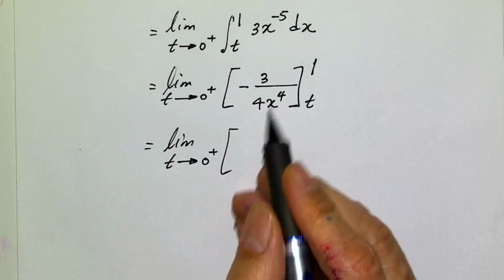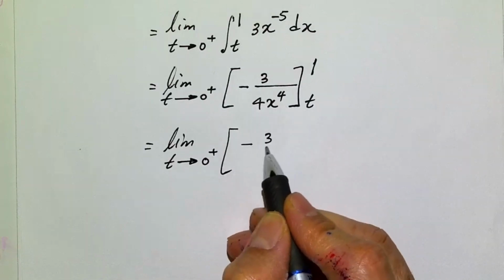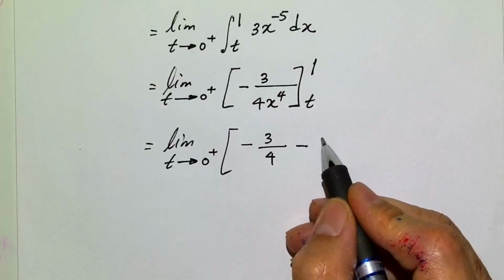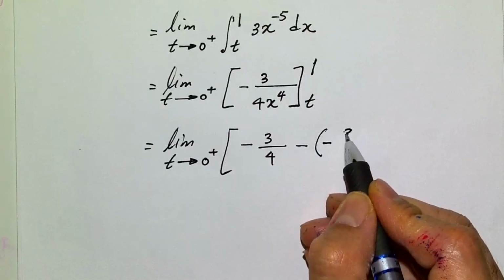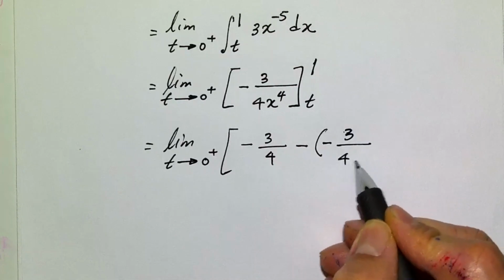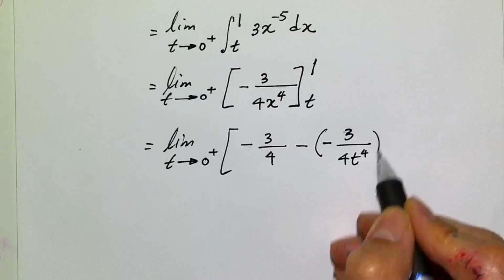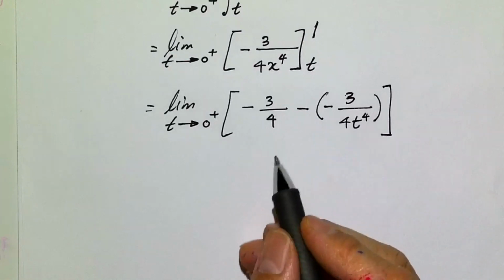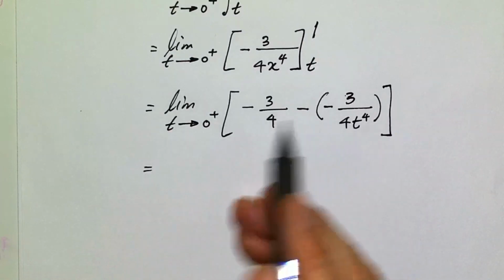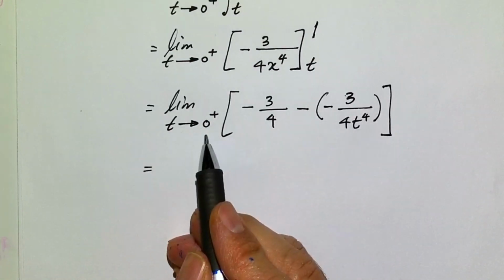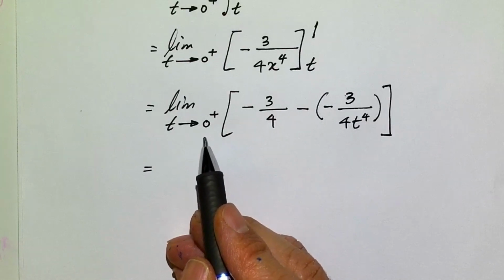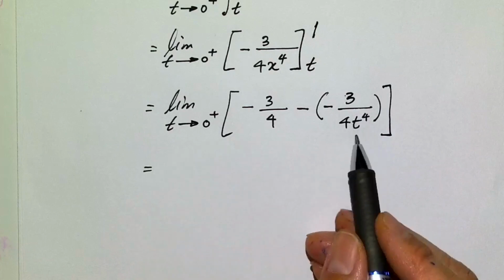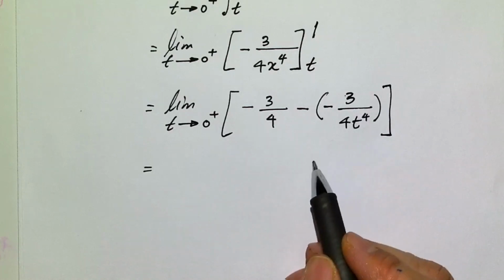So we have minus 3 over 4, and then minus minus 3 over 4 times t to the 4th power. Now if you take the limit of this quantity as t goes to 0, it looks like we have a divergent case.